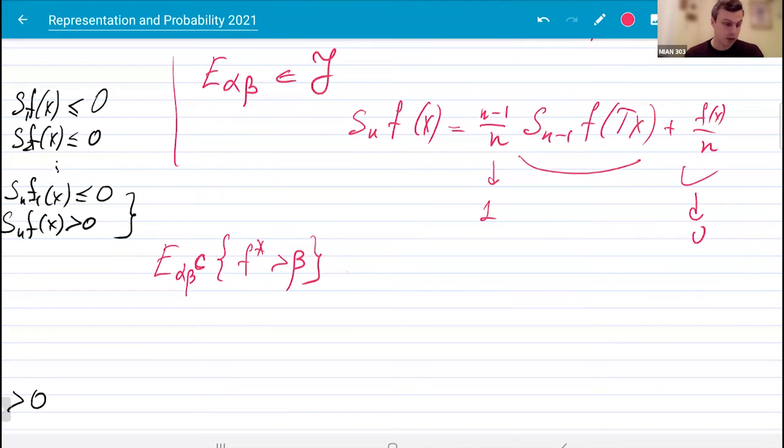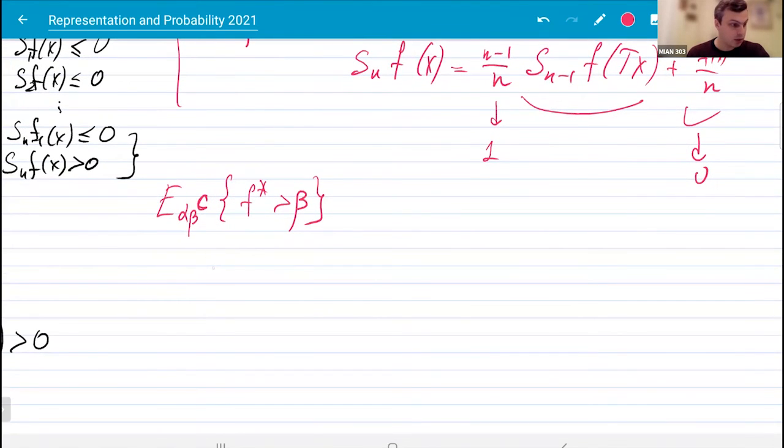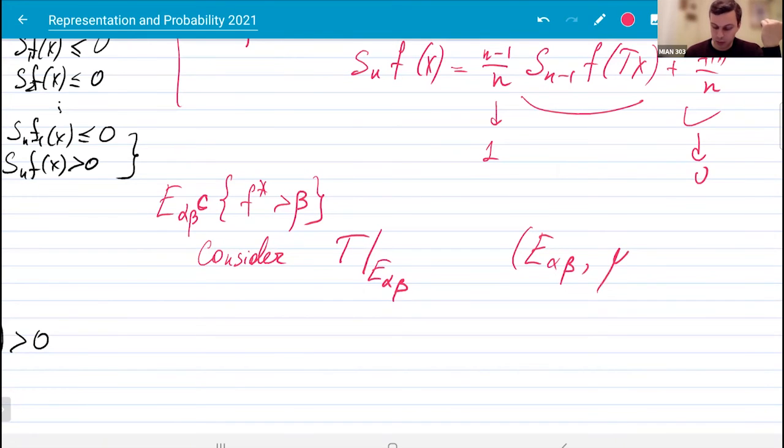And we can consider T restricted to this E alpha beta.